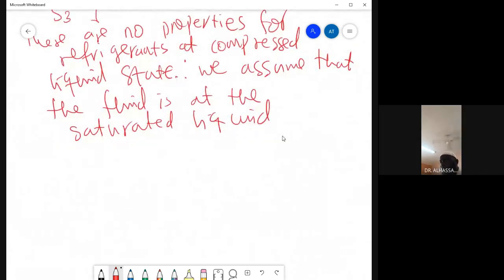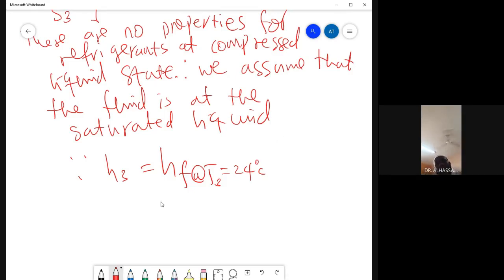So therefore, H3 is going to give us Hf at the given temperature, not pressure, at the given temperature T3. You understand me? So that's how we're going to determine that. T3 equals 24 degrees Celsius. So now I've told you all the information necessary to determine all the properties at each state.